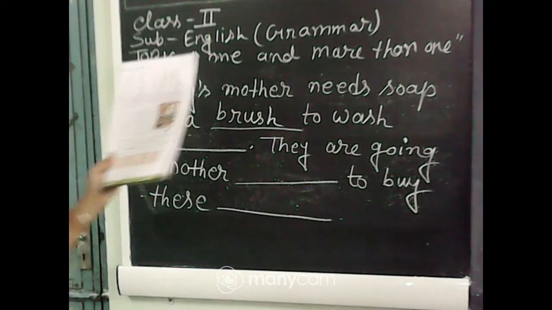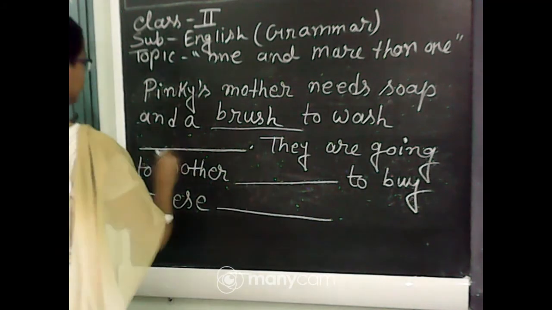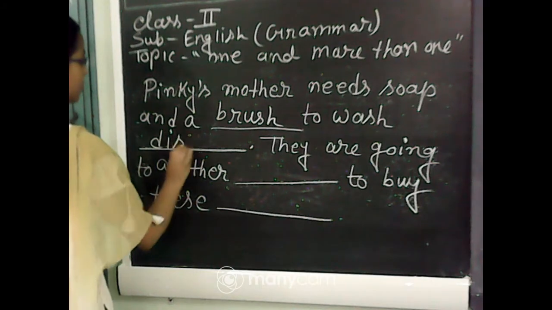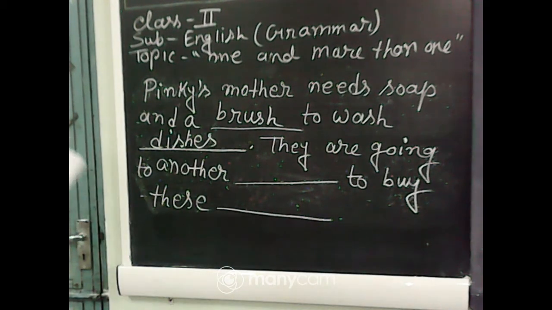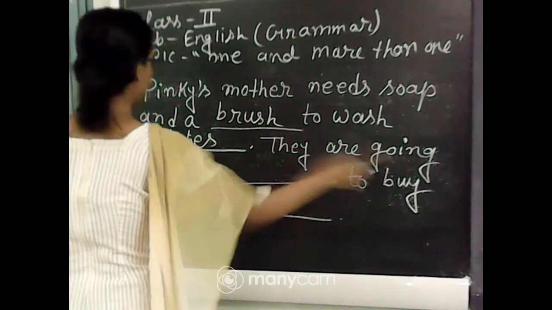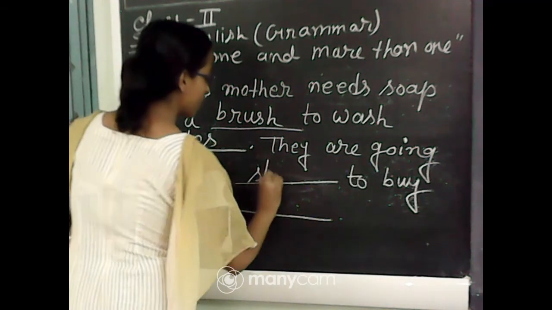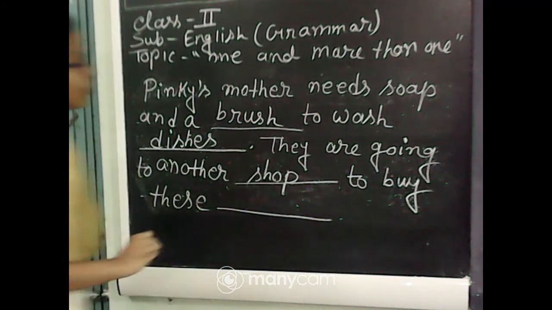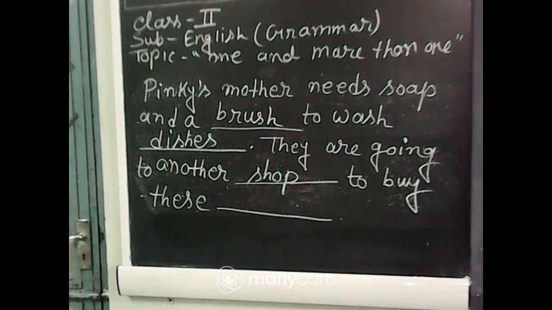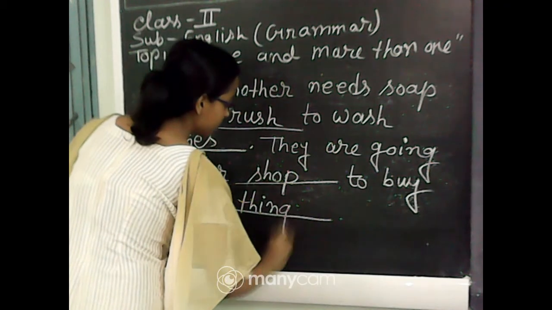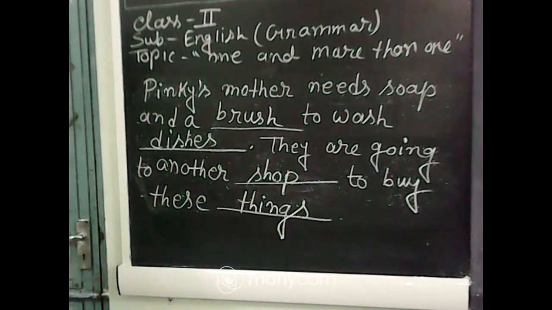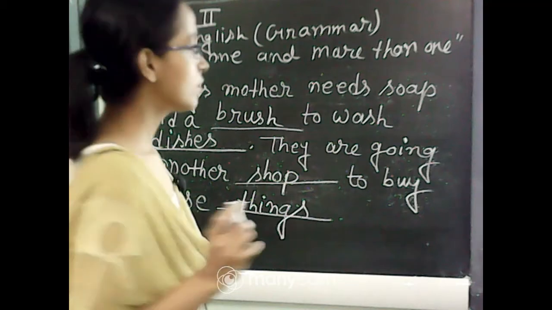Brush to wash dishes, because there is loads of dishes. Dishes. They are going to another shop. One shop, they are going to another shop means one shop. Yes, Shrishta. Good. To buy these things. These, and here these, the word is more than one.